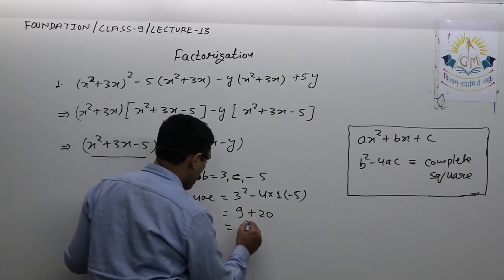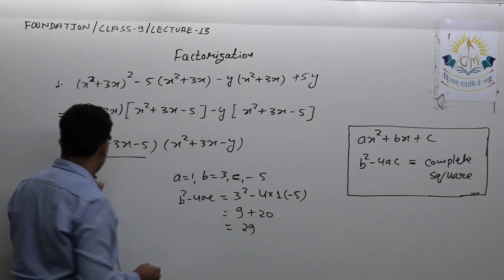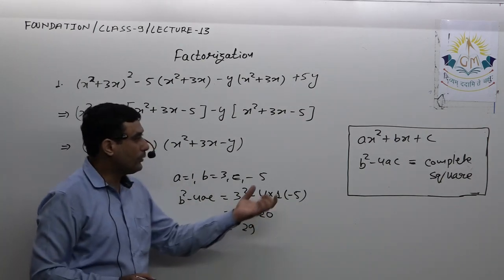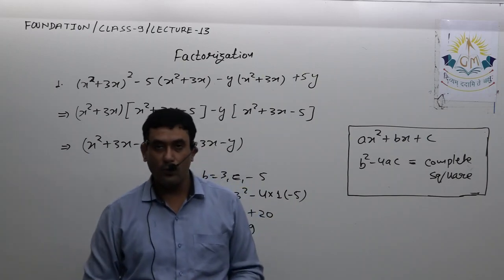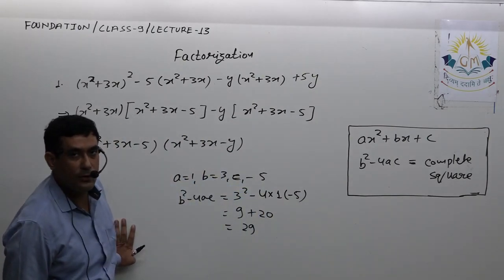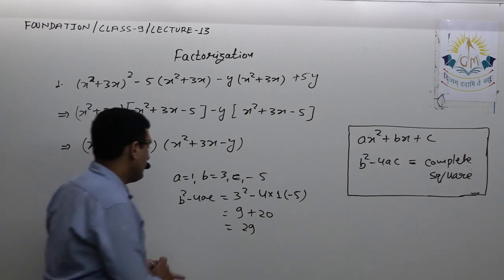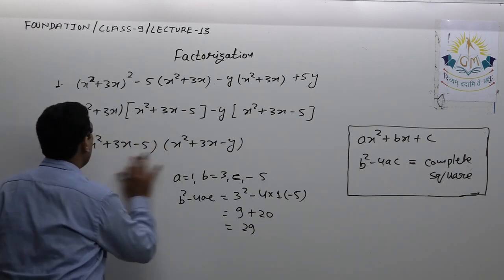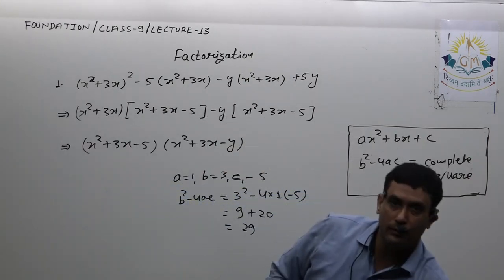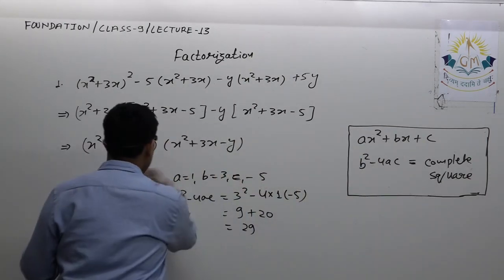So this is 29. So definitely it is possible to factorize, but it is not possible to get real roots. You won't get factors in which the constant is a rational number. So we say this is our final answer. Please note it down, then we'll see the next question.